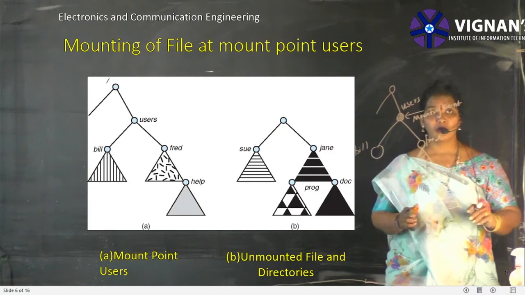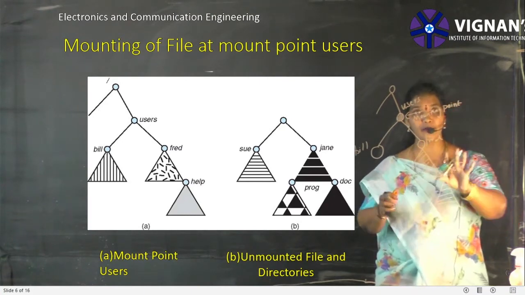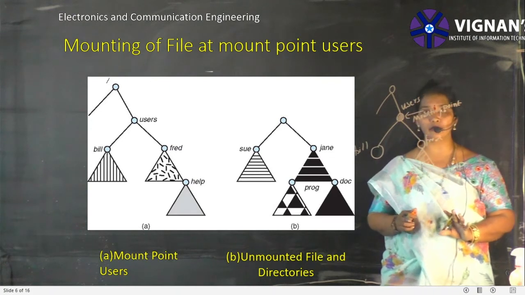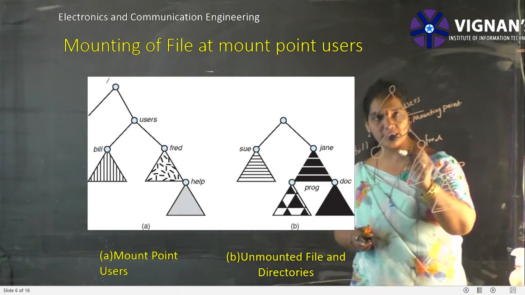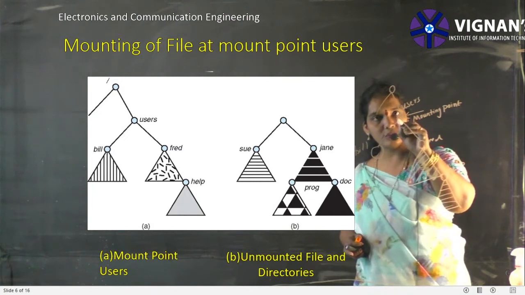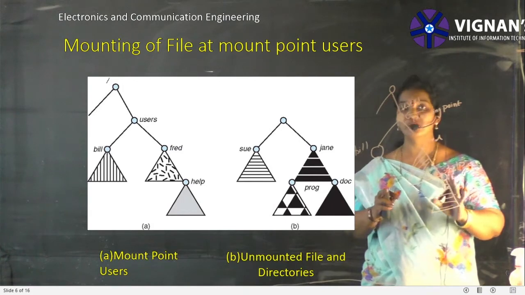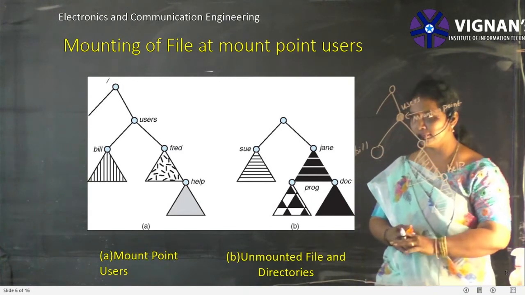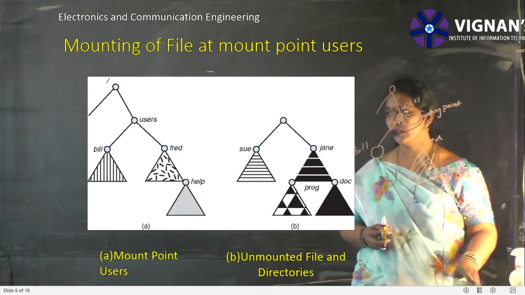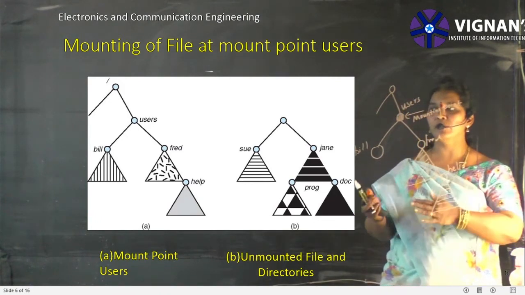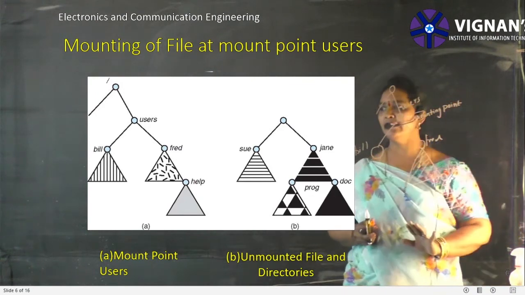Now, an unmounted file cannot be accessed. It should be mounted at a mounting point. We said that the mounting point here is users. So the unmounted files shown, Sue, Jane, program, document and so on, have to be mounted at users.